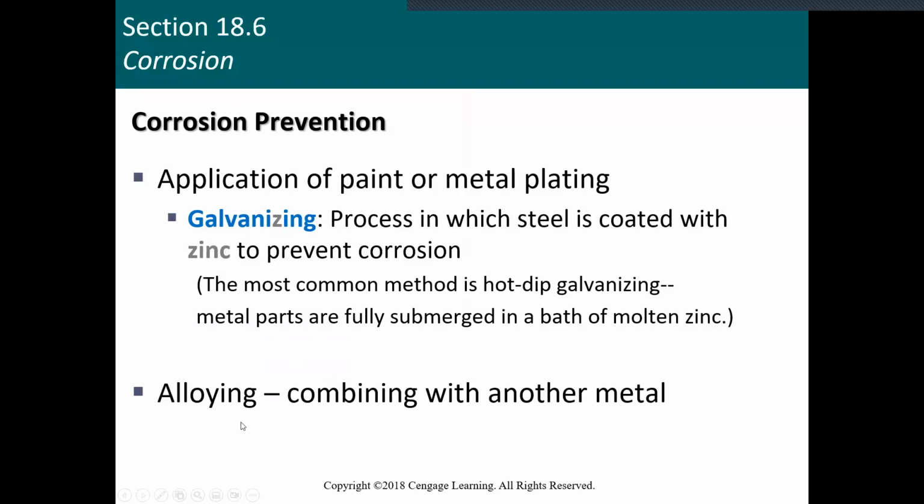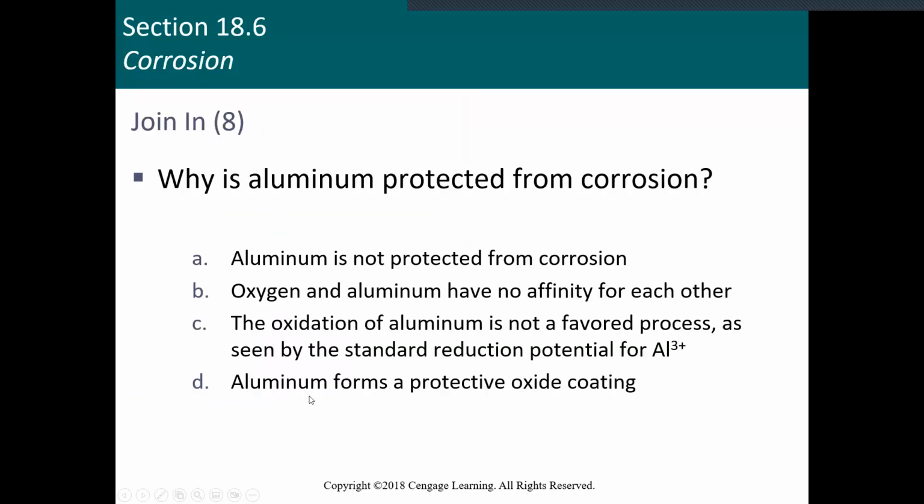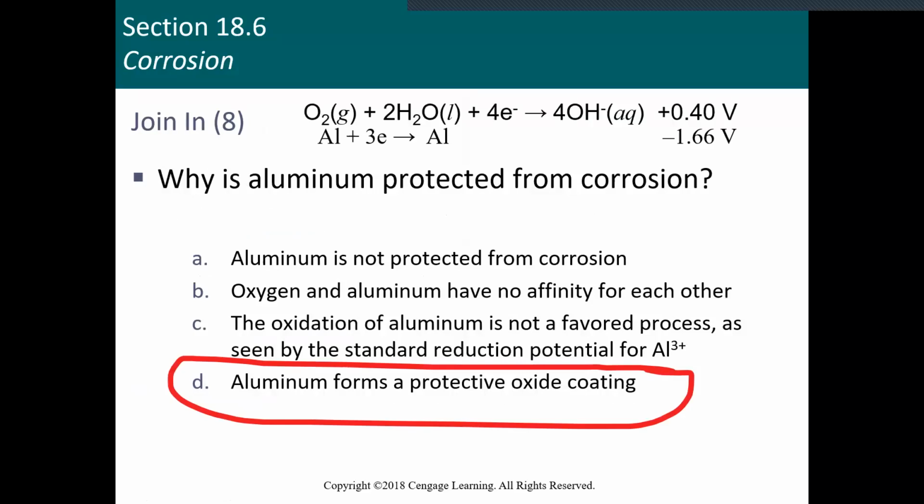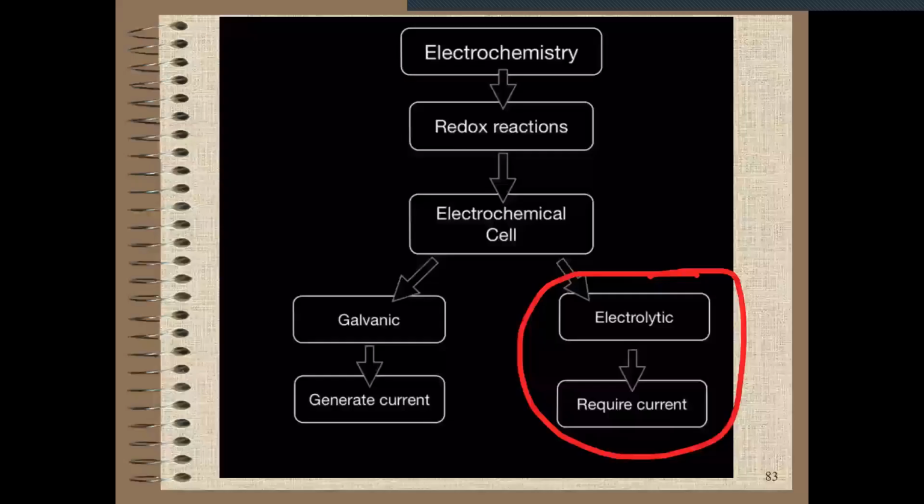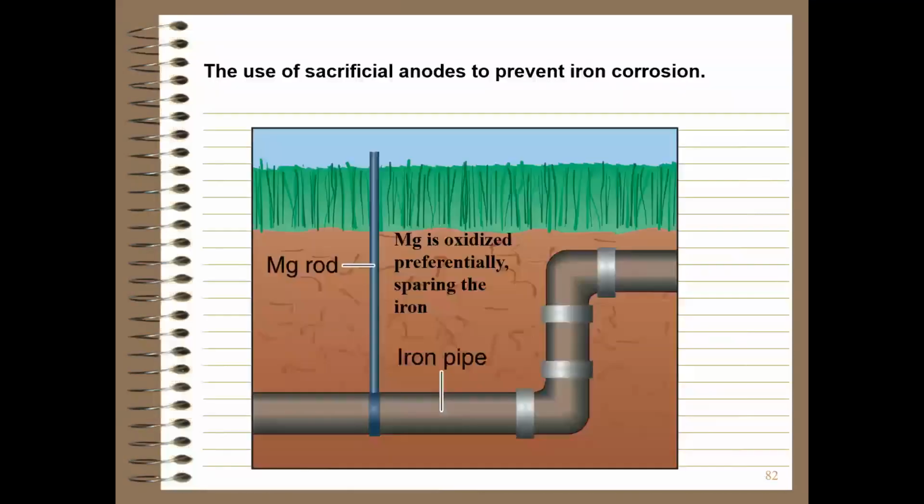Another way to prevent corrosion, besides painting it or galvanizing it, is to make an alloy, combine it with another metal. And in this one here, the next slide, 83, let's see. Oh, that's what I wanted to show.